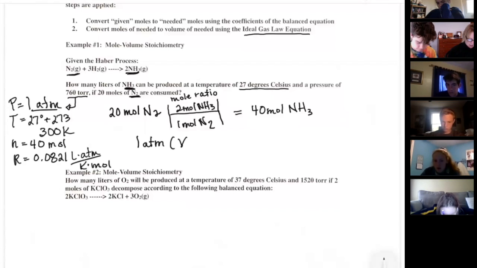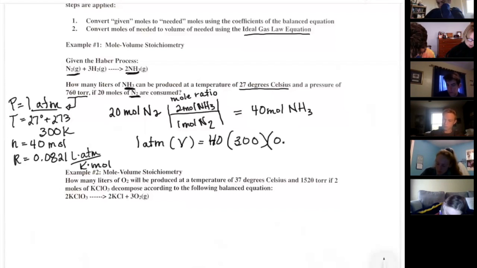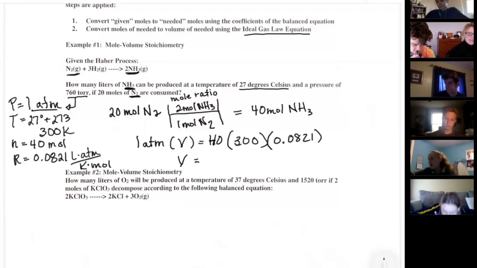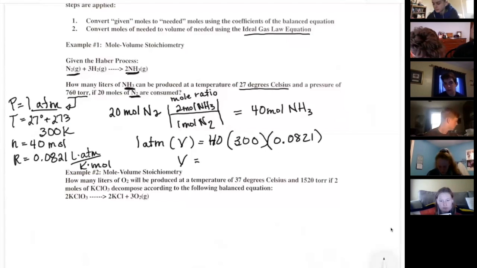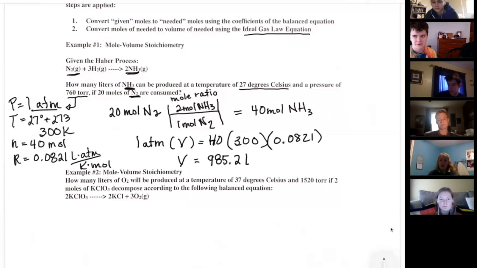V, we don't know. n is 40. 300 is temperature, and then 0.0821. So I want you to get your calculator out and calculate that. Right, 985.2 is correct, and the unit would be liters.